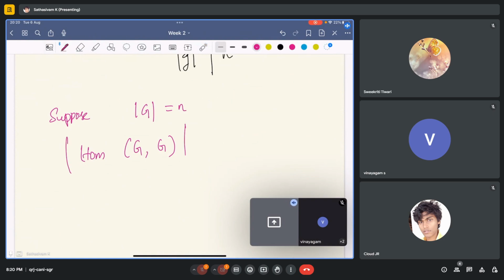If you want me to find the order, in general I don't know it. One can say this order is less than n to the power n, but the exact order I don't know. Even if you gave me the group itself, it is still not easy to find.